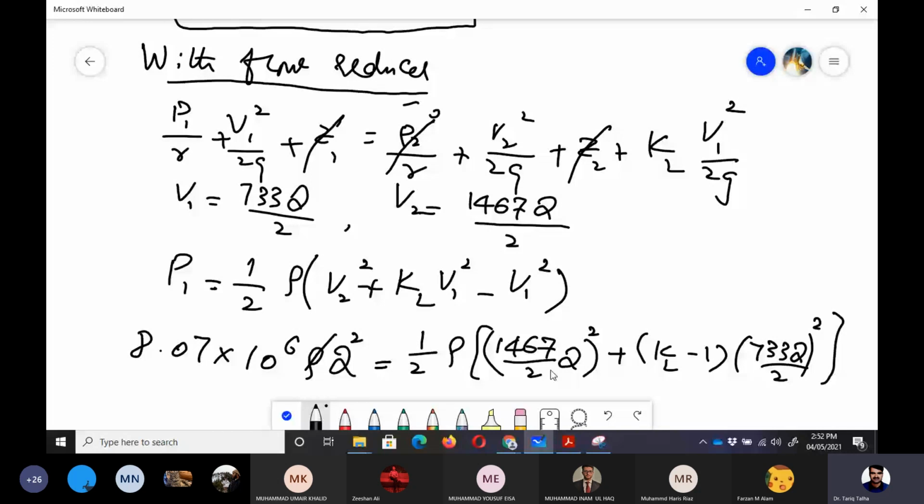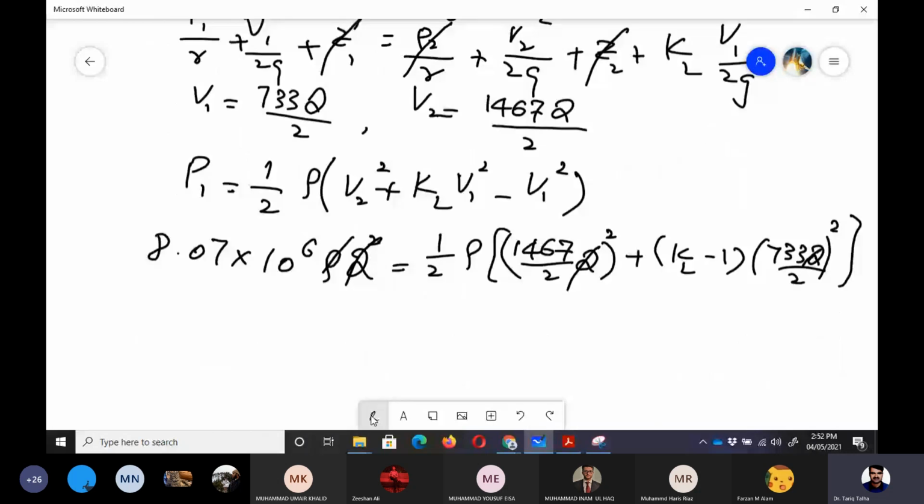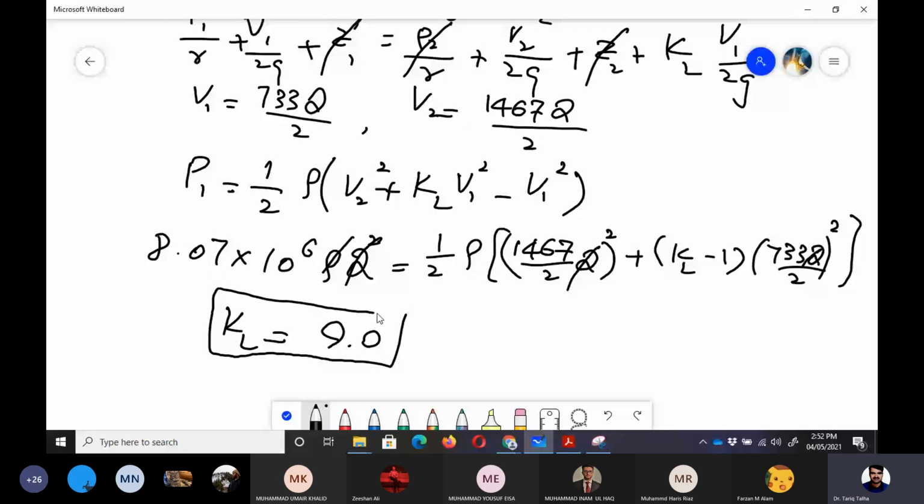The only unknown is KL here. So if we do a little bit of calculation, KL comes out to be approximately 9. Right, so it means that the KL value is 9 for this component.